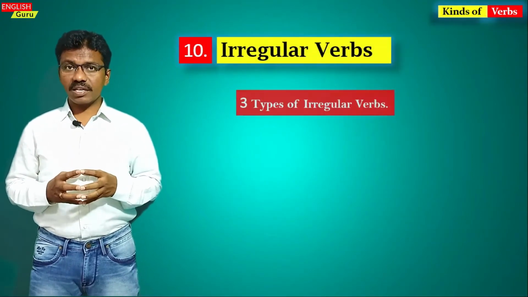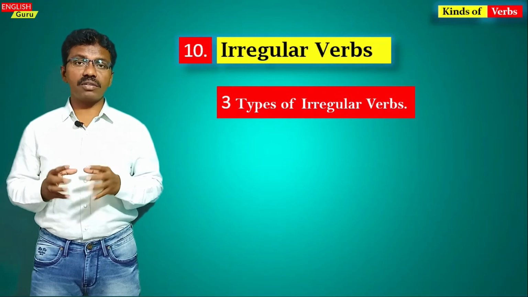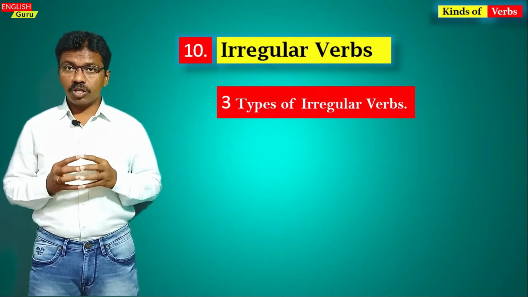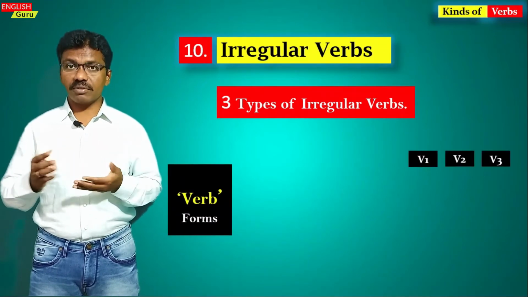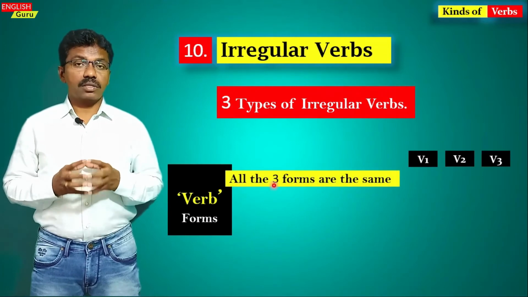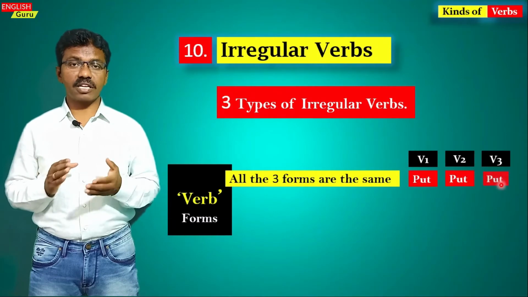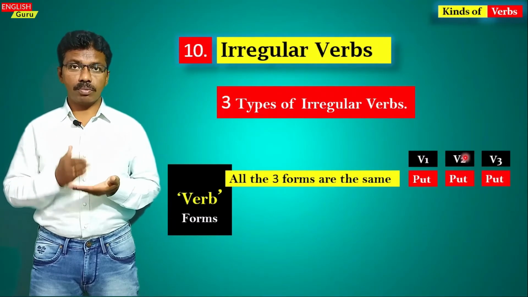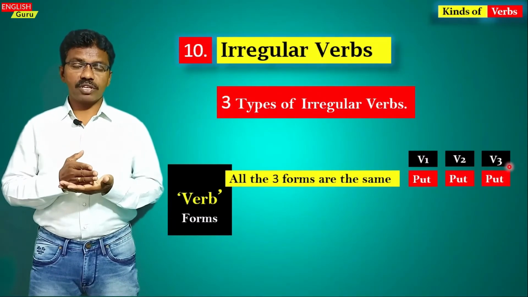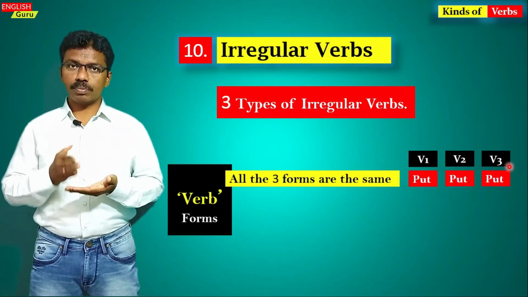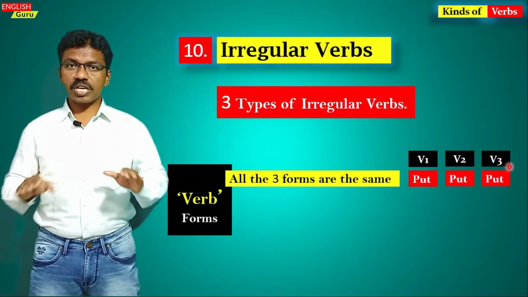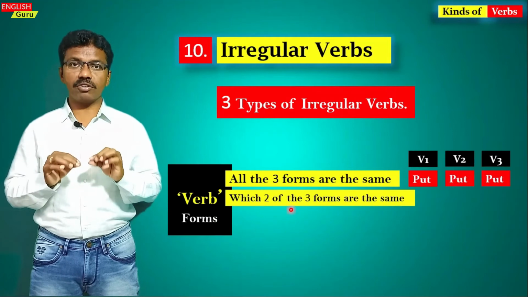And the next category of verbs are irregular verbs, and irregular verbs are formed in three different ways. The first one is where all three forms are the same. For example, put, put, put. Put verb 1, put verb 2, put verb 3. There is no change in the form of the verb.